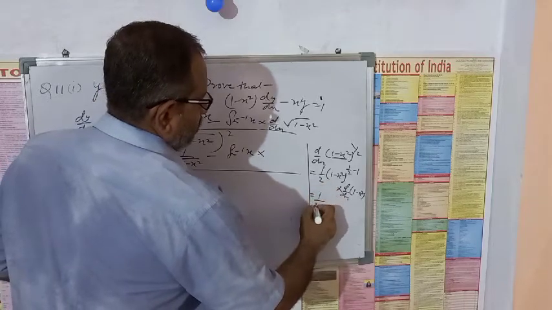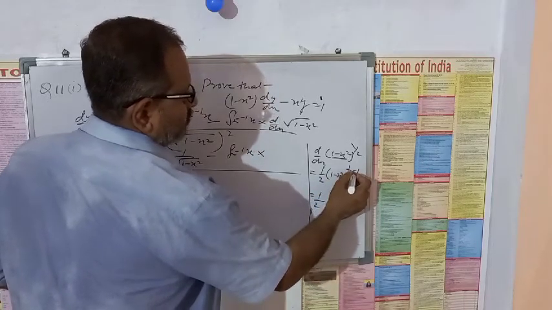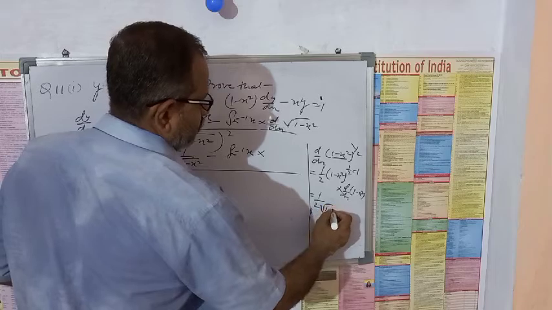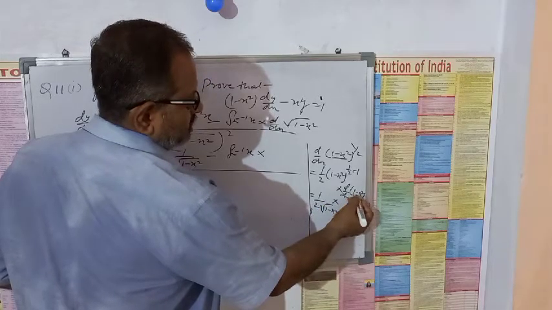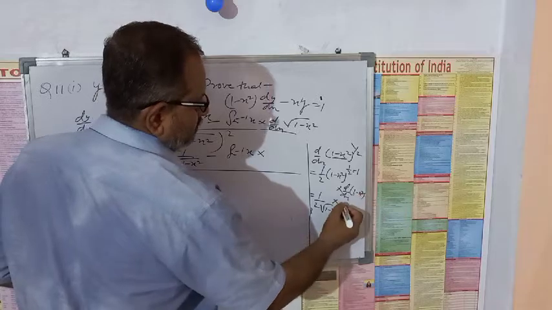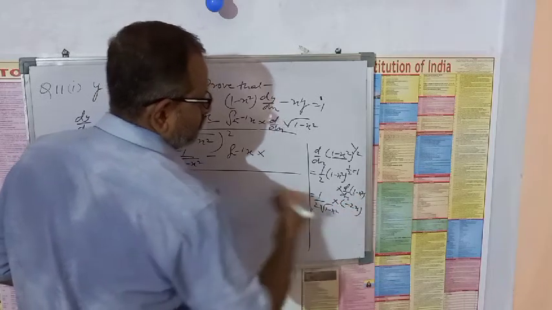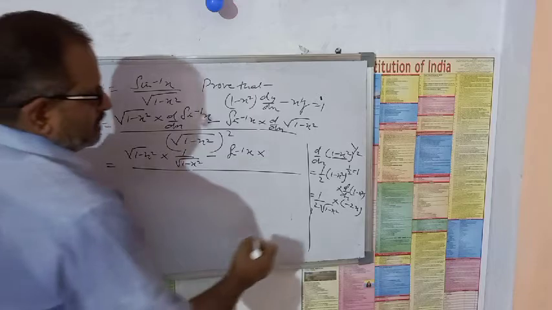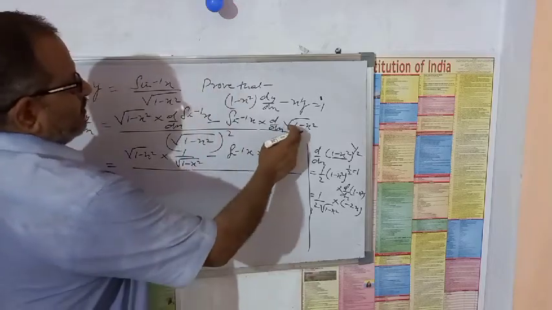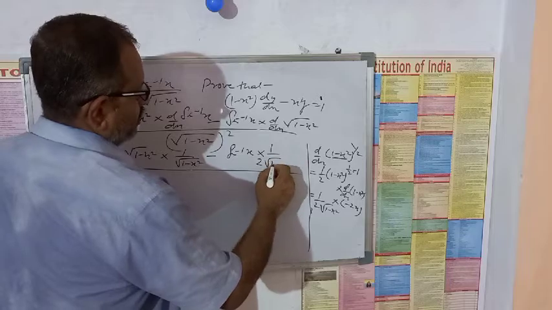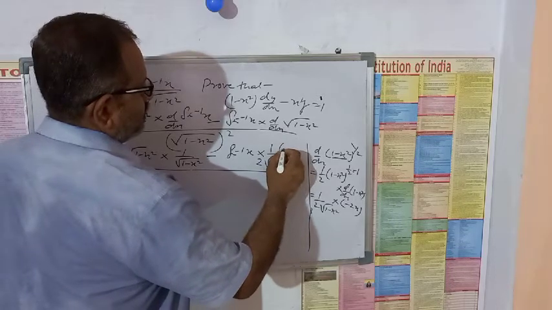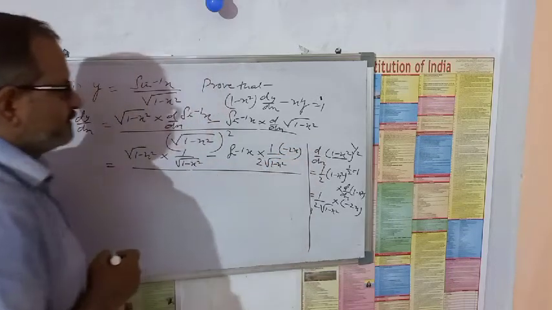So it is 1 by 2, take it downside, it will be minus 1 by 2. So we can write under root 1 minus x square. And what is derivative of this? 1 derivative is 0. X square derivative is minus 2x. So derivative of this we can write 1 by 2 under root 1 minus x square into minus 2x.